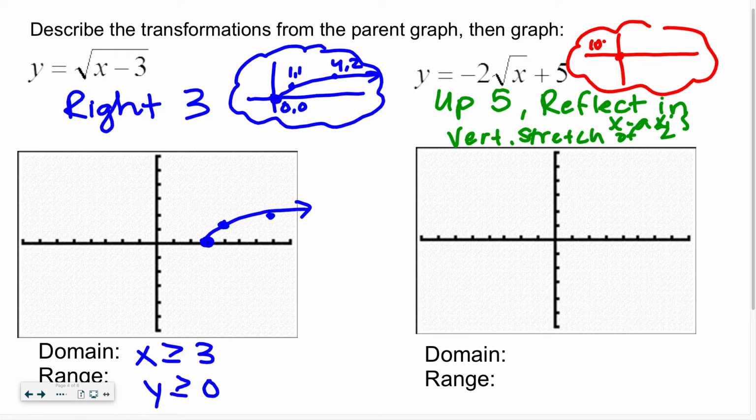They're going to be 0, 0. This one's going to be positive 1, negative 1. So I go 1 to the right, 1 down. And then this one is going to be 4 and negative 2. Go 4 to the right and negative 2. Because I'm reflecting it in the x-axis, so all the y's turn negative. So the parent graph has been flipped.